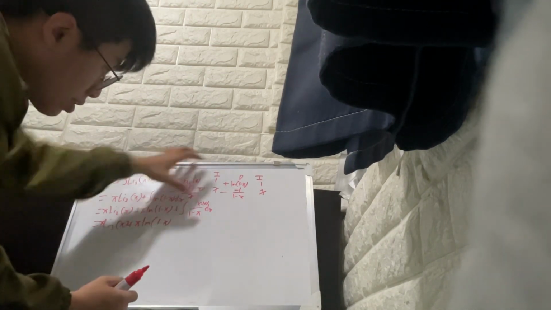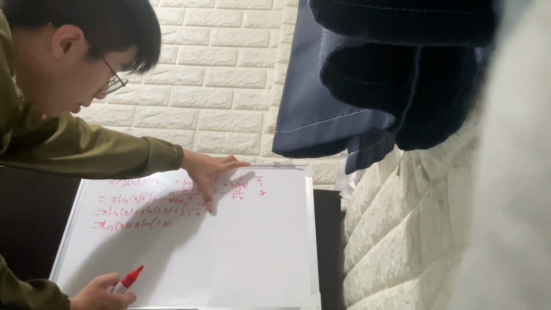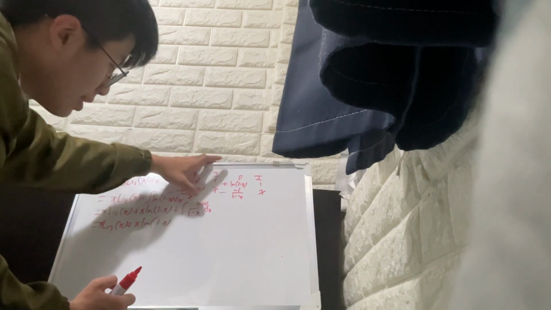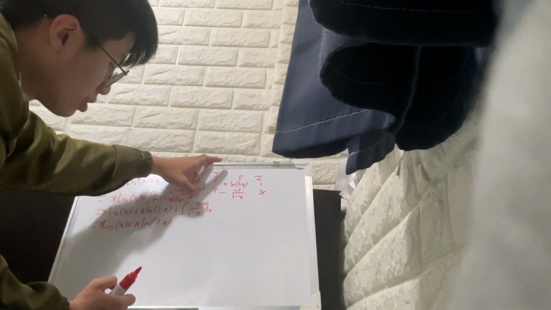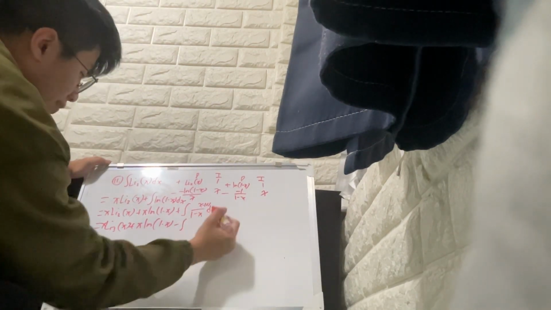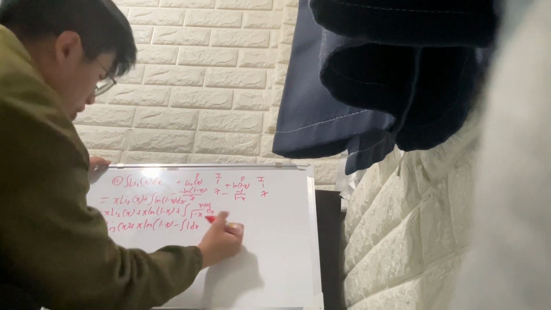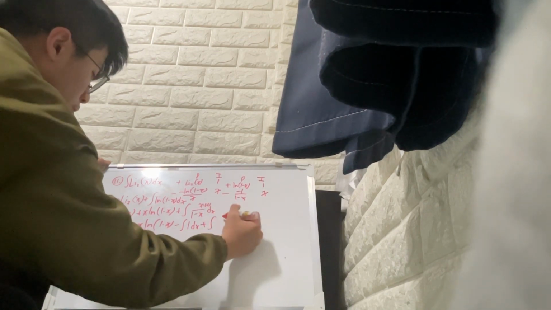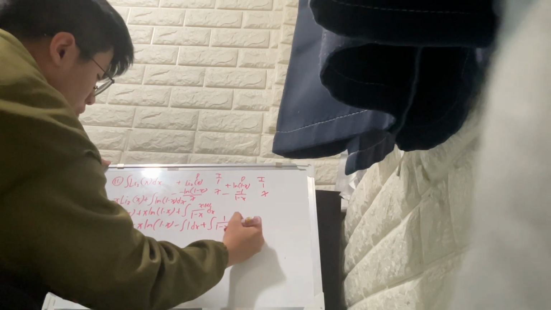And first, x minus 1 over 1 minus x. Let me just factor out the negative sign. And then you just get negative times 1 over x minus 1 over 1 minus x. So you just get 1 here. Be sure you have negative 1 dx. And then 1 over 1 minus x. Just get positive integral of 1 over 1 minus x dx.